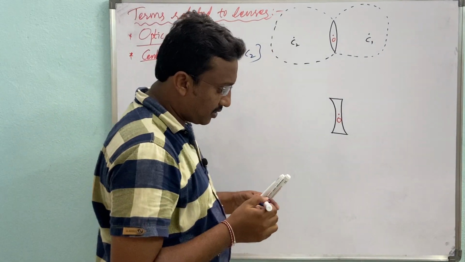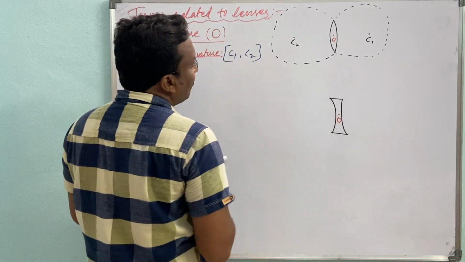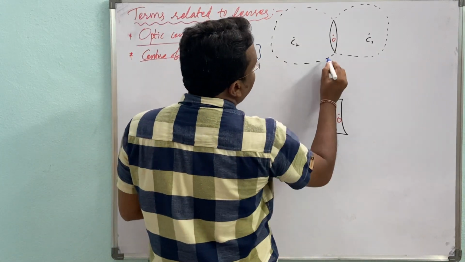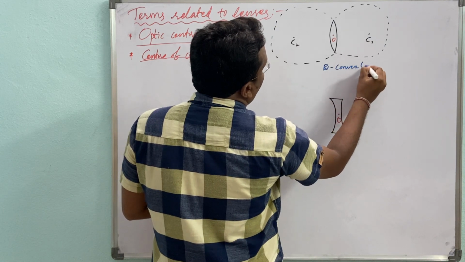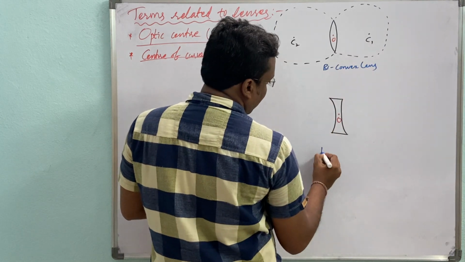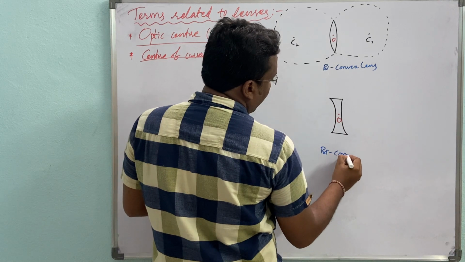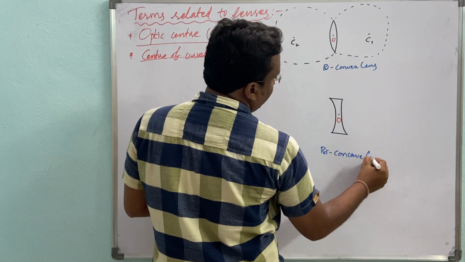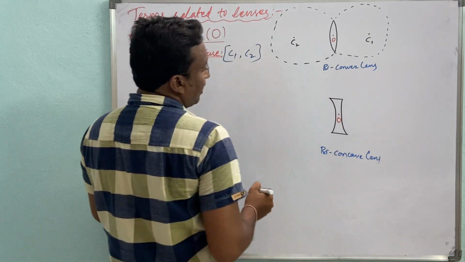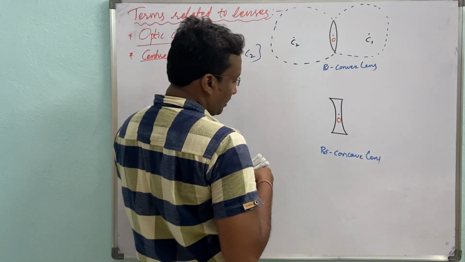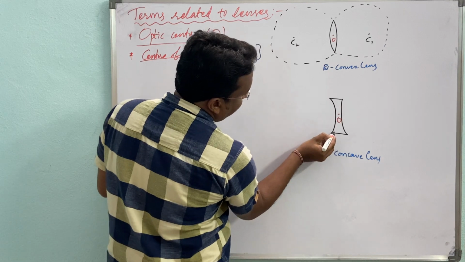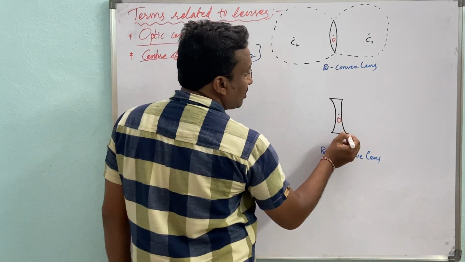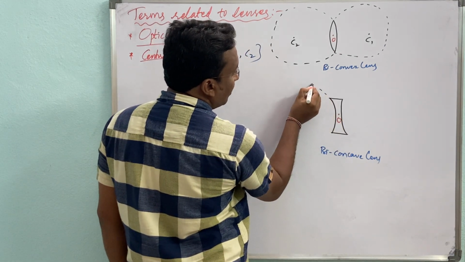Okay, C1 and C2. And in the case of this, which lens is this? Biconvex lens. Here, biconcave lens, right? Then here also, see, this surface is one curved and this is also one curved.